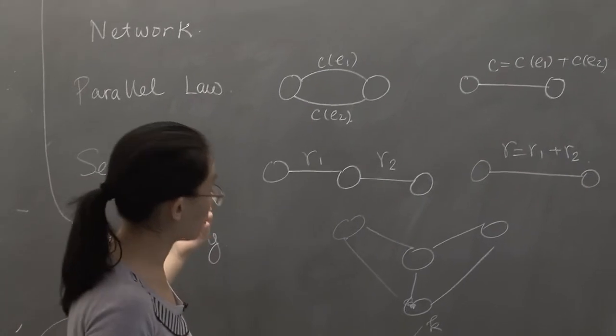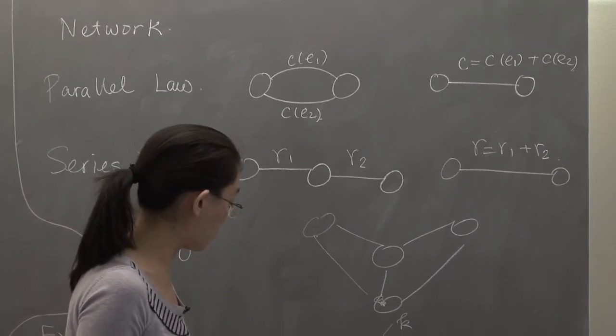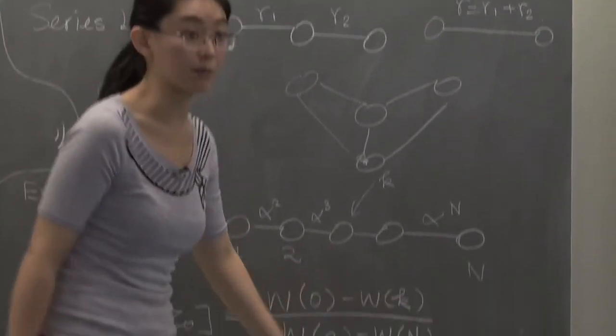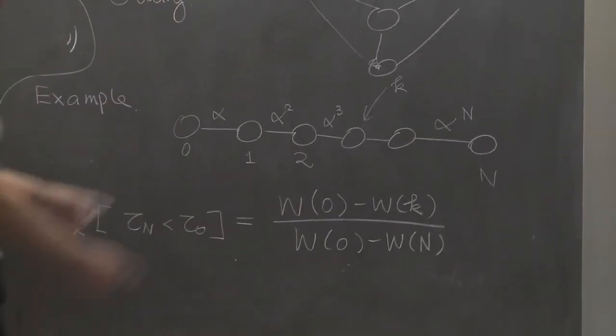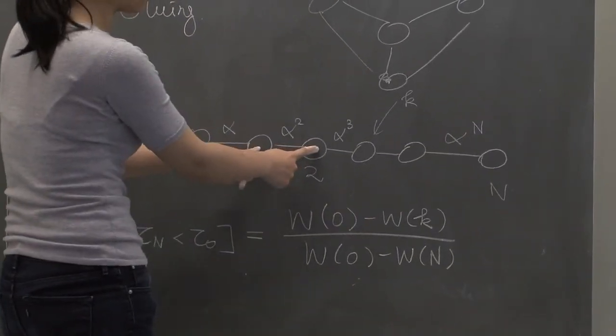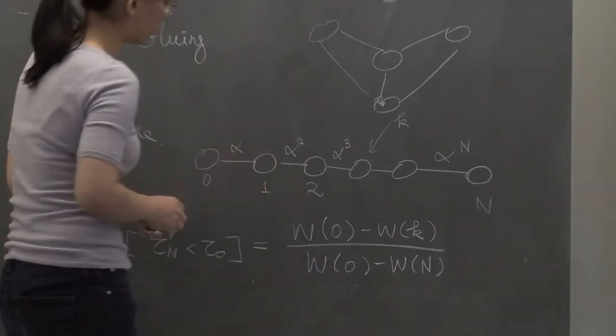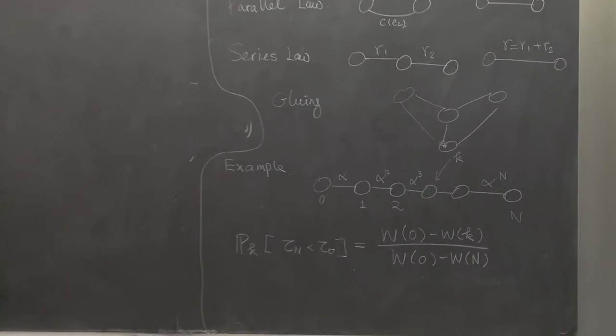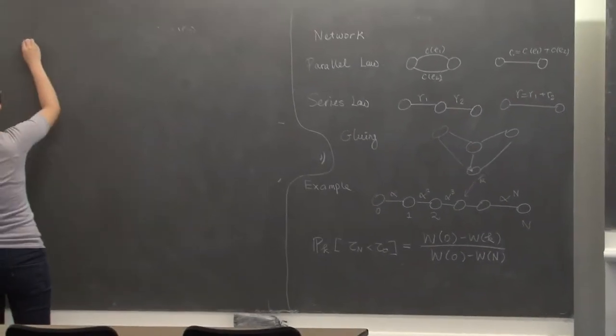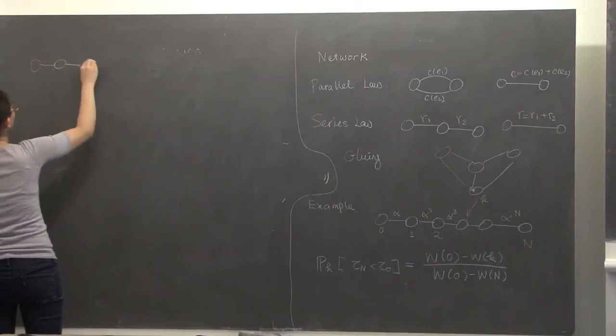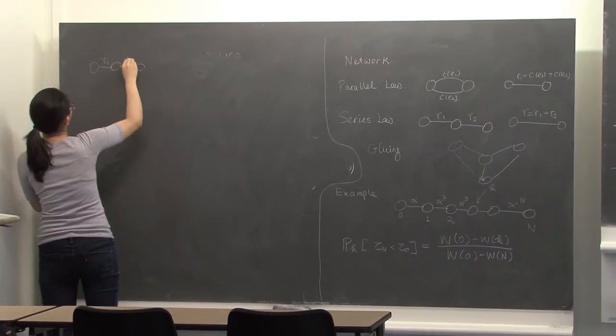We know that these three operations don't change what happens to W0, Wk, and Wn. So for this pair of edges, we use the series law, where the resistance is replaced by the sum of the two.